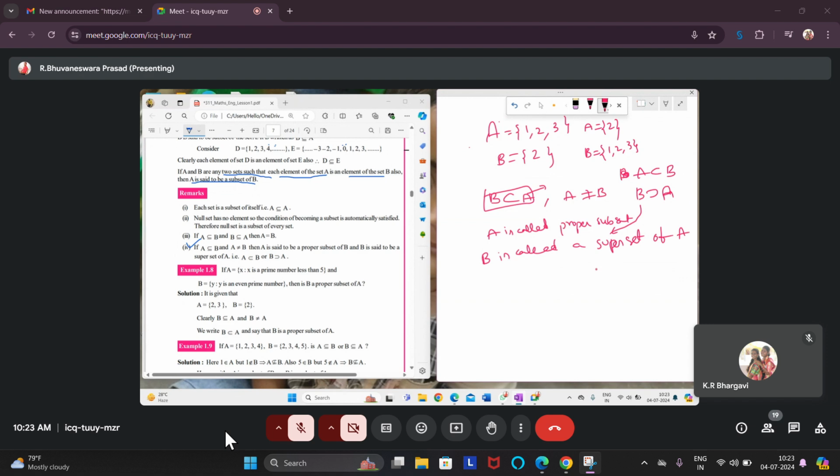If A set is derived from B, then B is called a superset. So from here, in these two conditions and two examples, when we take the subset B from the main set A, then you have to write it here as B subset A, then this A is called a proper subset. If A equals set 2 and B equals 1 2 3, this is the main set, that means A subset B, then B is a superset of A. How should we read it? B is a superset. This one can be read directly as subset, and this is the superset, the reciprocal.